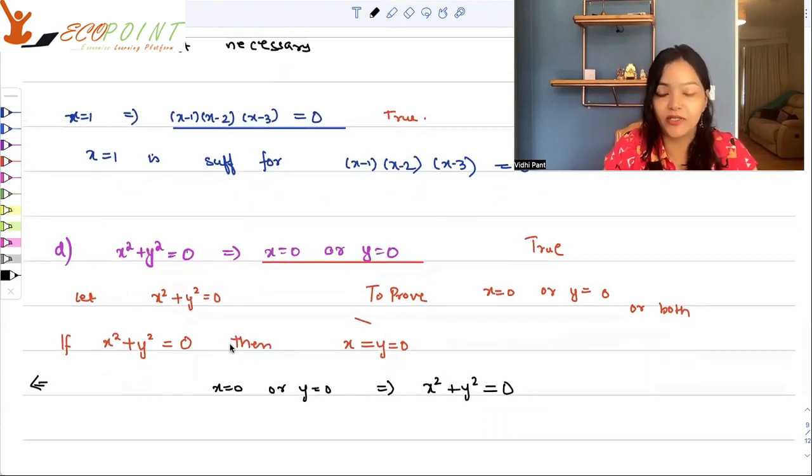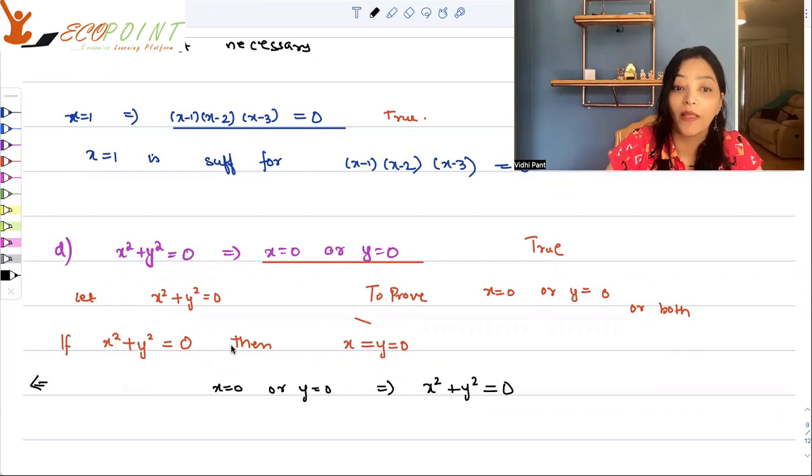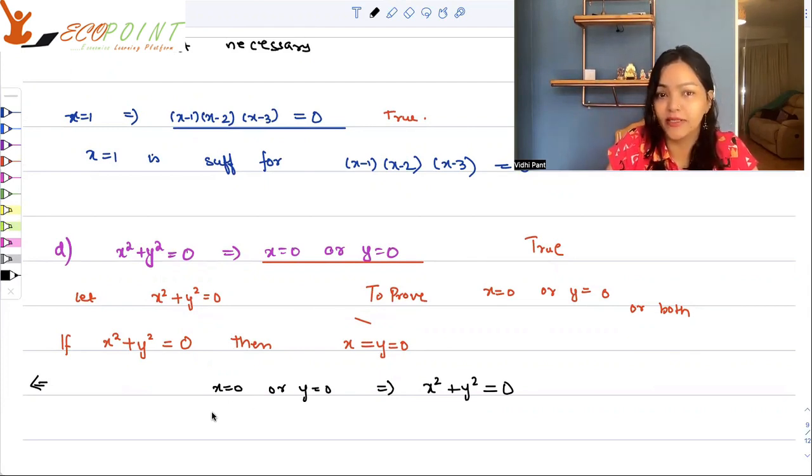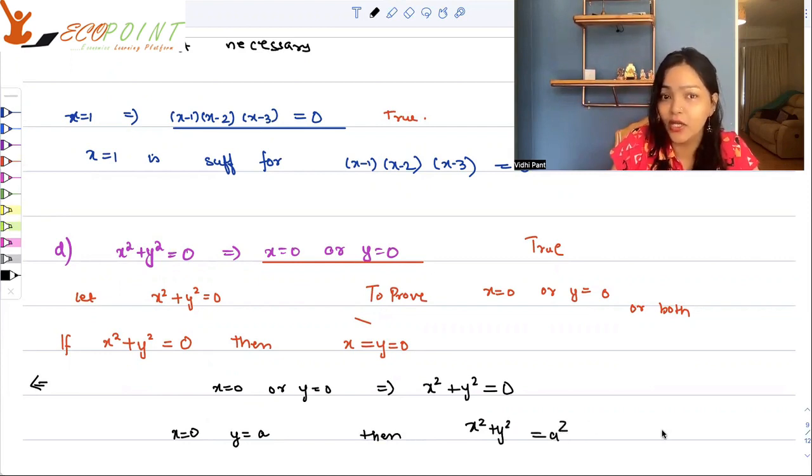Now in your precondition, basically you are saying either or both. Had it been "and", then it was correct. But since we have a scenario where we are saying just x equals 0, maybe y is something else. Y is some a. Then x squared plus y squared will be equal to a squared and not 0, right? So which means the other way around is not correct.